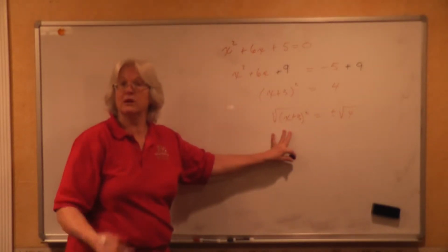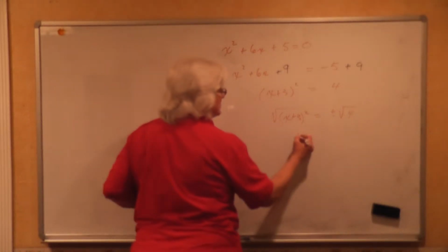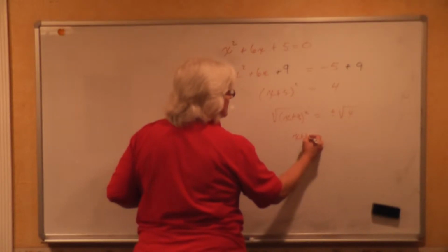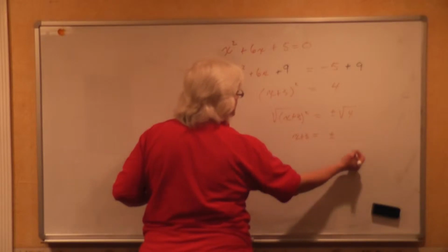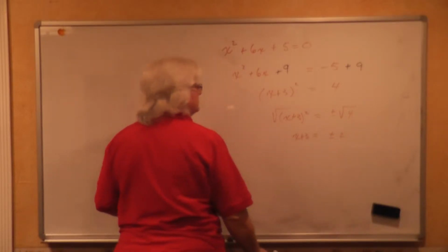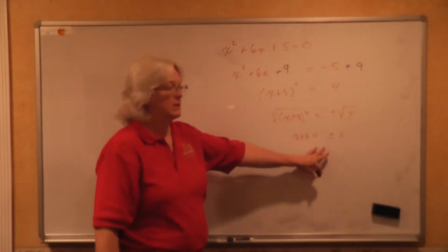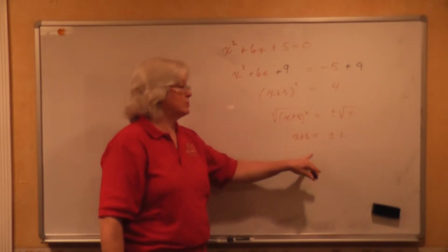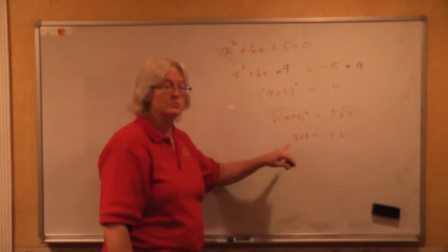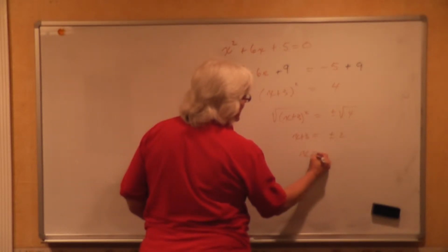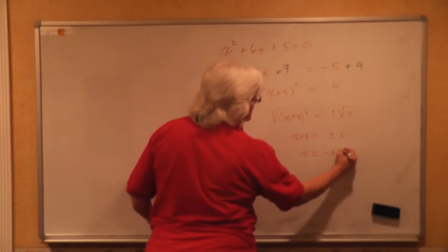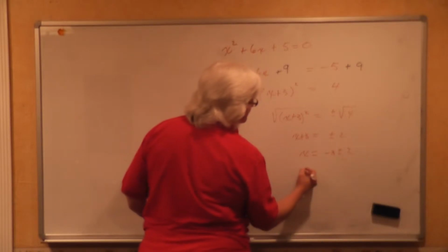Square root of x plus 3, quantity squared, is simply x plus 3 is equal to plus or minus 2. We don't care what x plus 3 is equal to. We want to solve for x. We subtract 3 from both sides of the equation. We see that x is equal to negative 3 plus or minus 2.